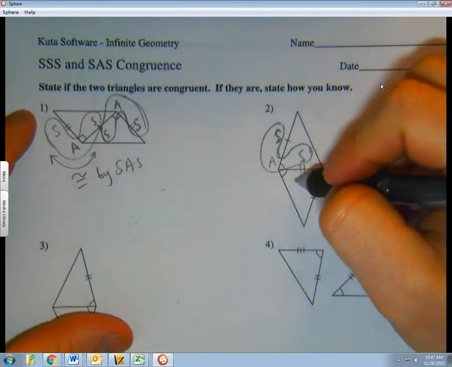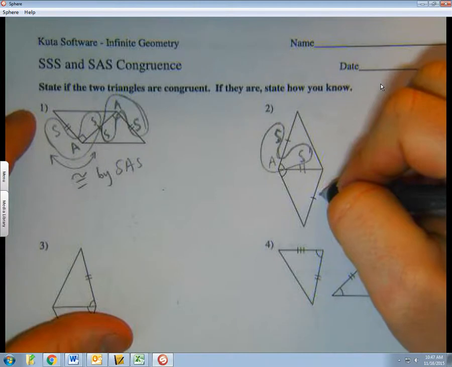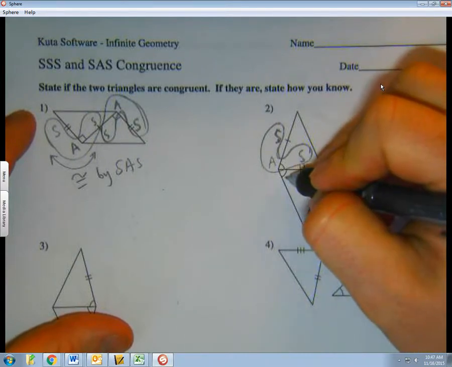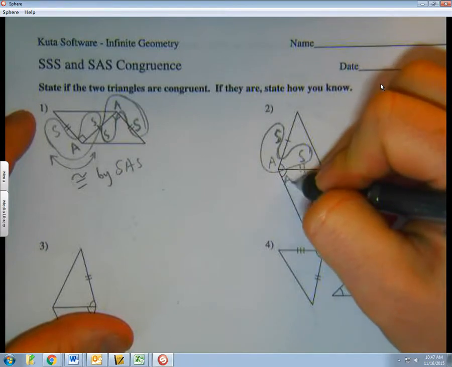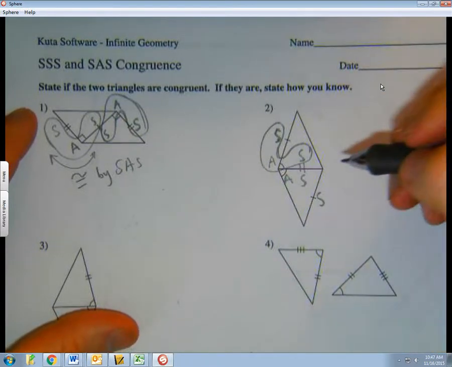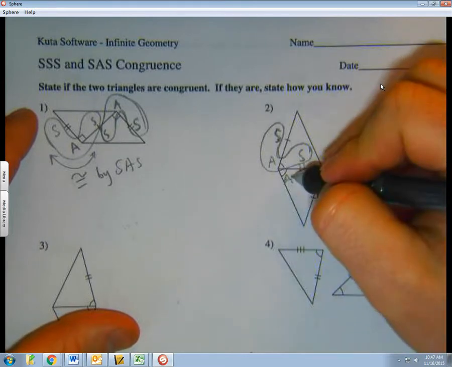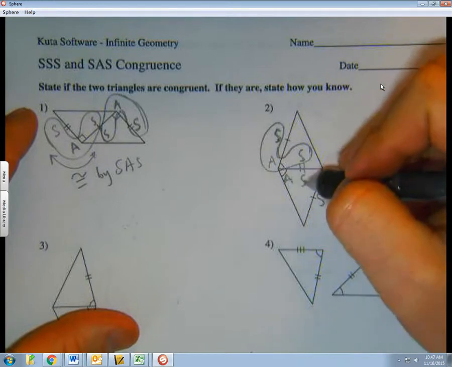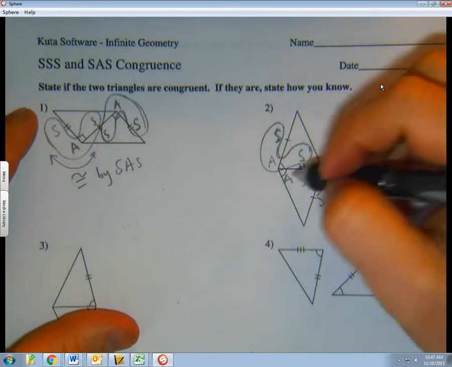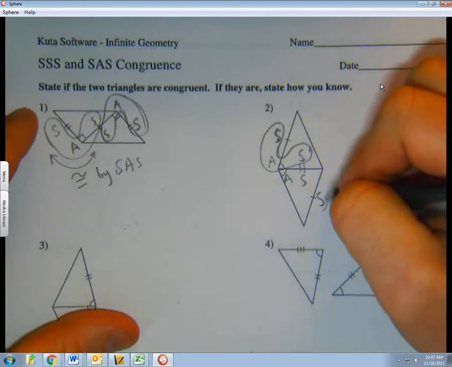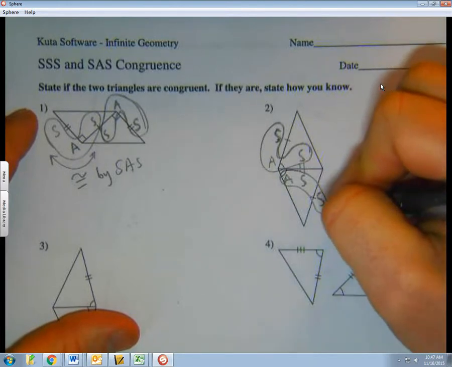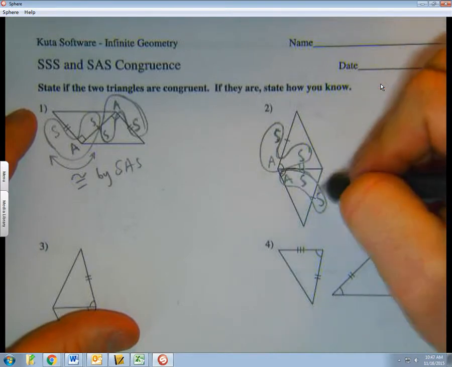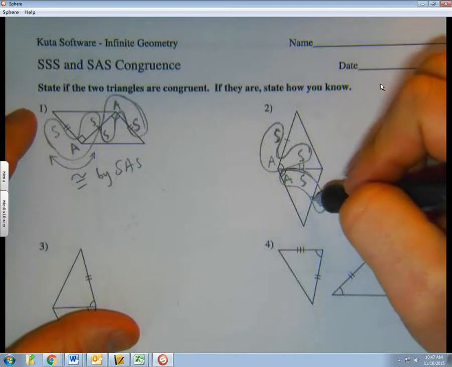Well, I've got a side, an angle. And if I tried to go this way, I'd have side angle side. However, they really need to be next to each other. As you can see, this one, if we went in order, angle, side, side, that spells a bad word.